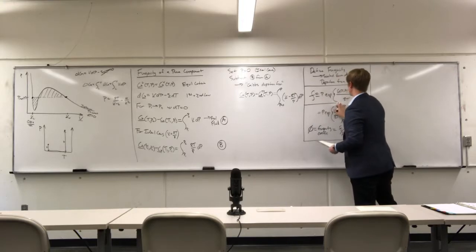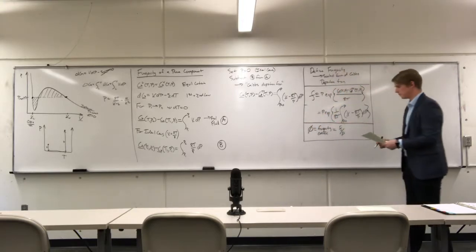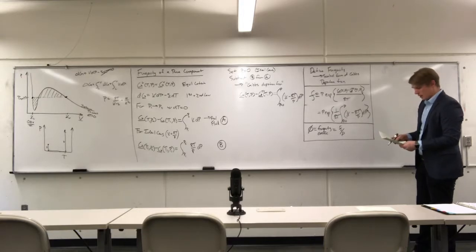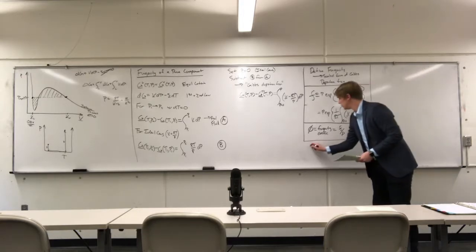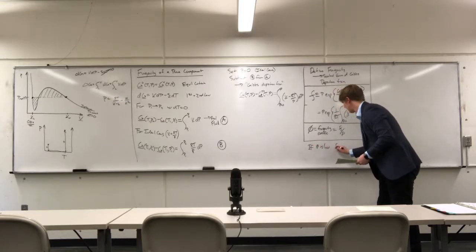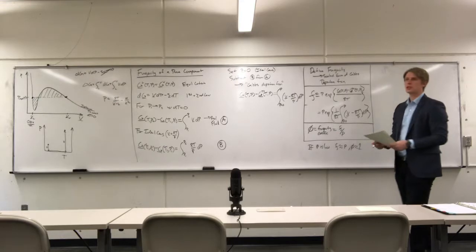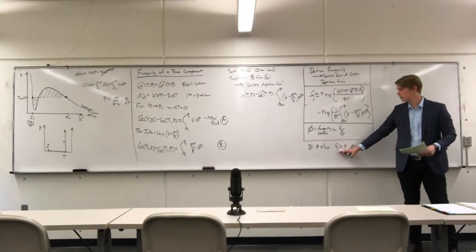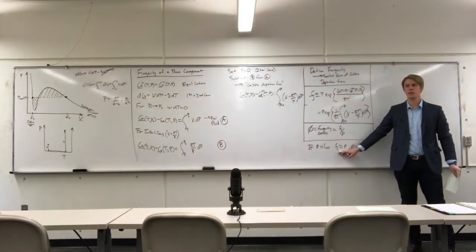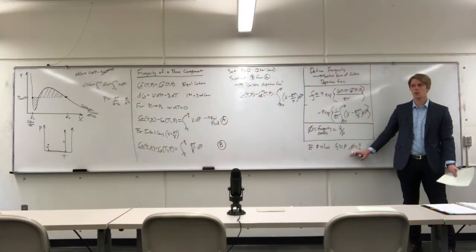Box it to make sure it's really nice and clear that this is an important definition to have. If the pressure is low, the fugacity is approximately equal to the system pressure, or the fugacity coefficient is close to 1.